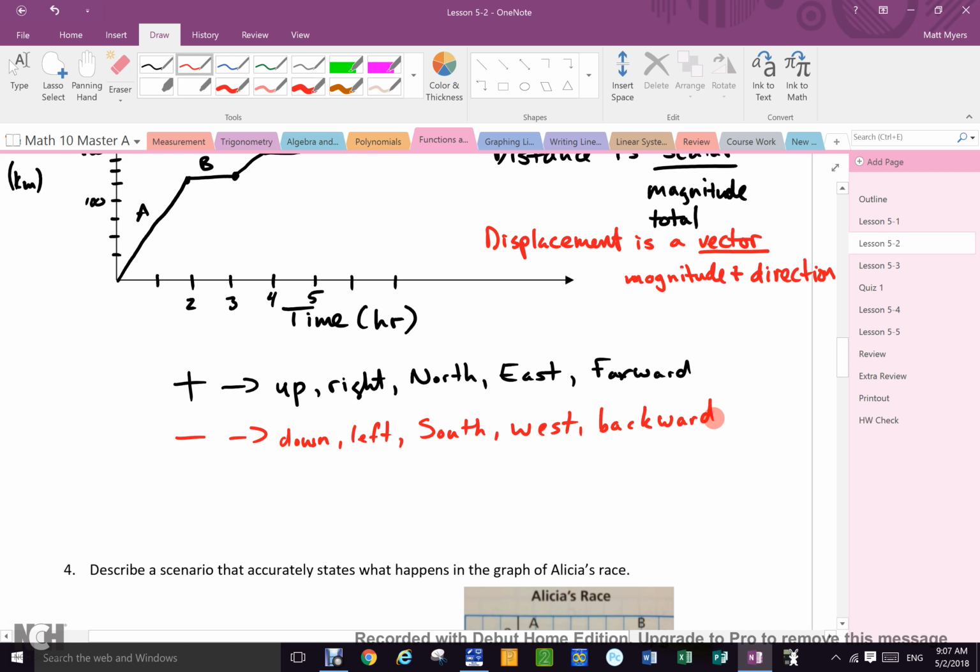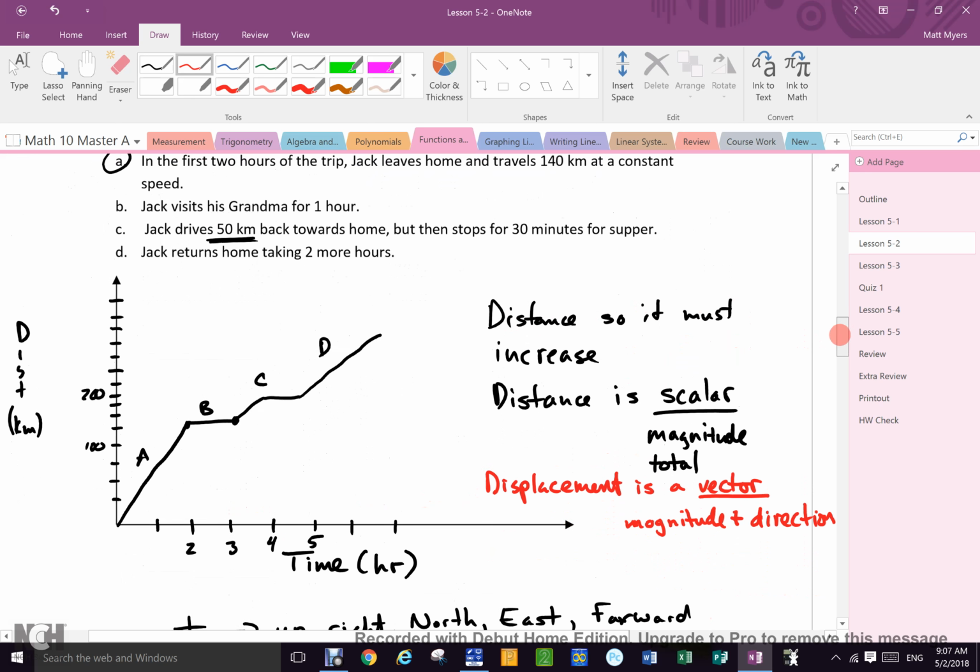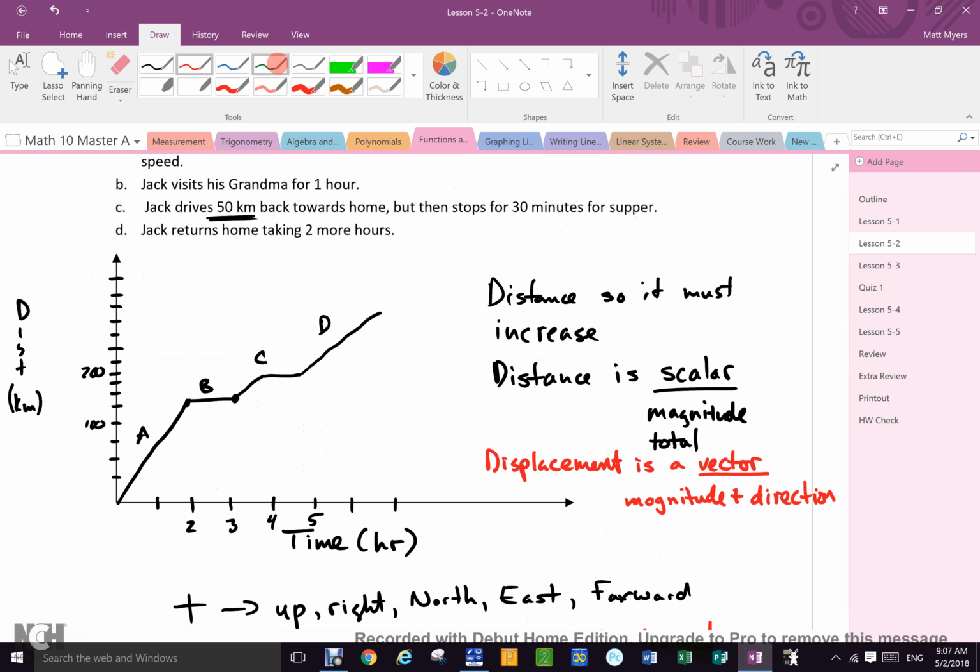Everybody understand? Now, what if I change this graph, and I'm going to draw this line in green, to a displacement graph? What happens right here when he starts going back home? It just flips down. It would go down a little, then flat, then home.